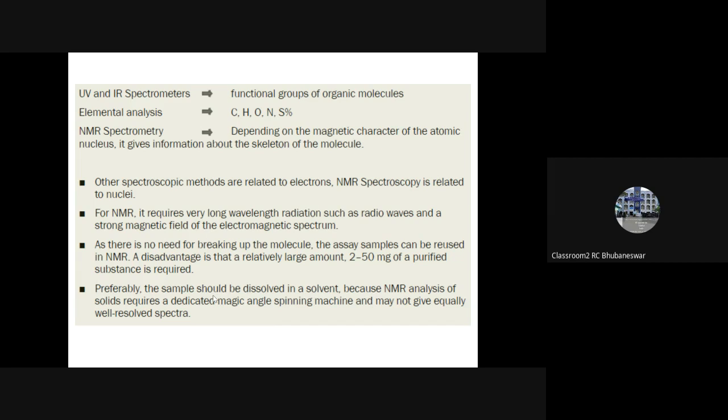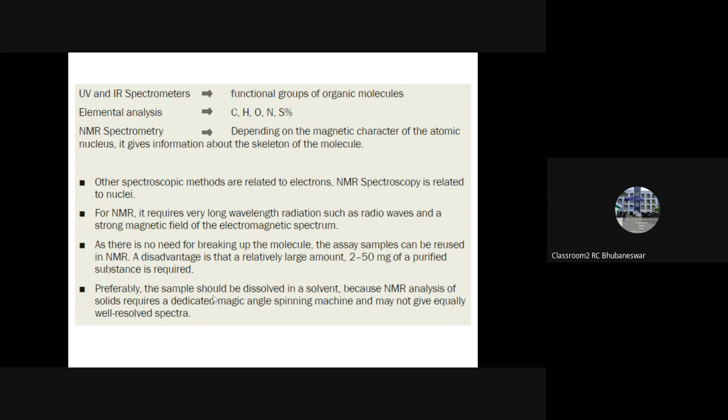The samples can be reused in NMR. That is the best part. The sample can be reused because, as I was telling you in my last class, we also have to see which method is a cost effective way. That is also a point because your instruments are so costly, and if you are going for a cost effective way, that is very important.